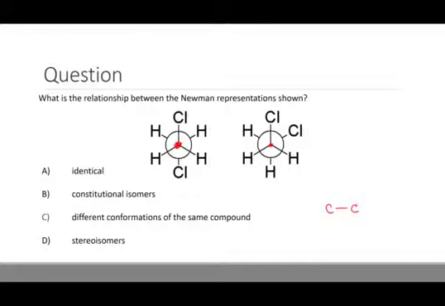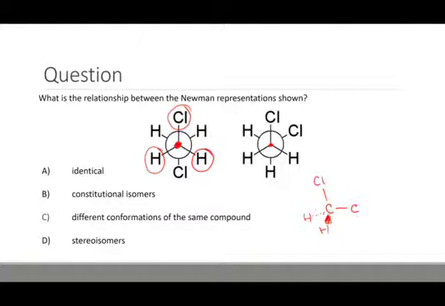This front carbon has a chlorine and two hydrogens. So I could write that if I turn this to the side, my chlorine would be at the top. And I would have a hydrogen coming out at me and another hydrogen going back into the page. Right, so this is the front-on molecule turned to the side.